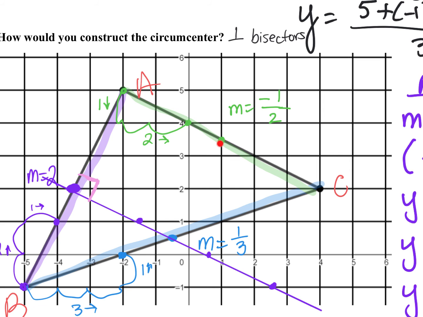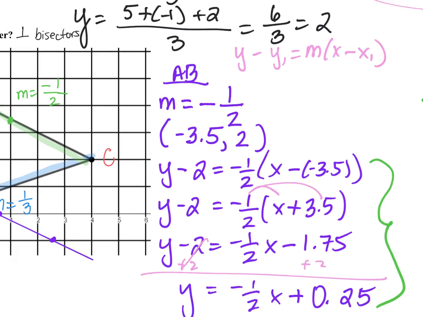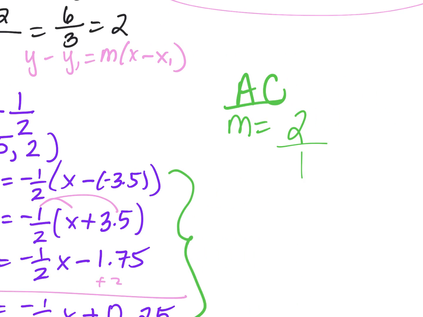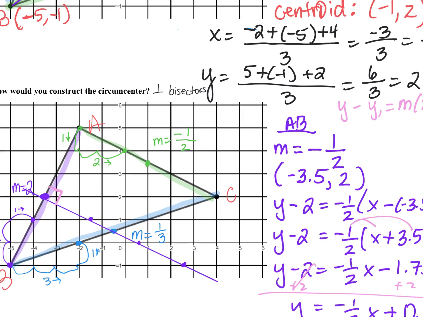Since my slope has to be 2, I'm going to use the rise over run, which is 2 over 1. That means 2 up, 1 right. So from here, I go 2 up, 1 right. And if I want to go the opposite direction, it is 2 down, 1 left.